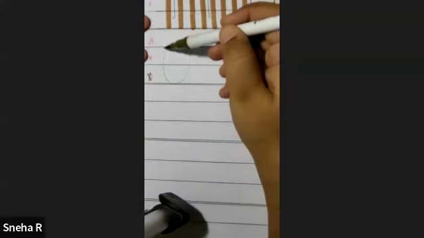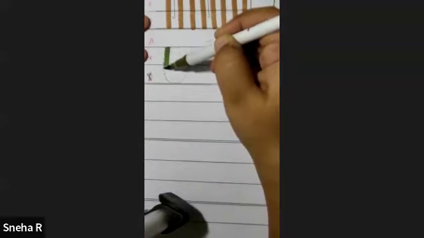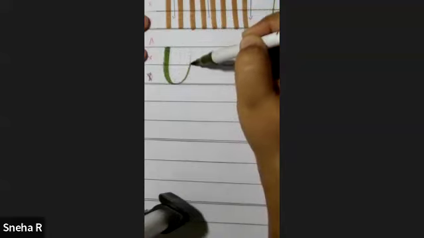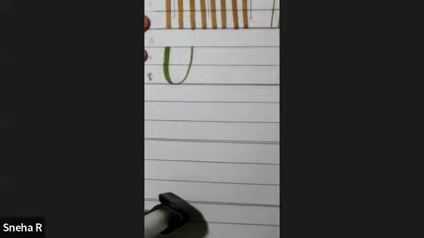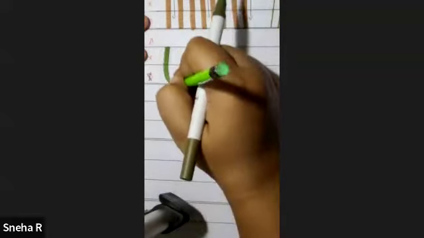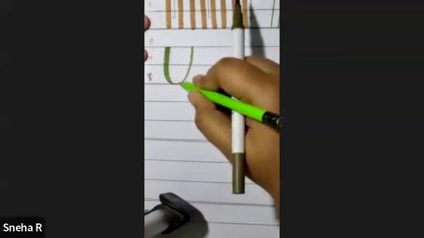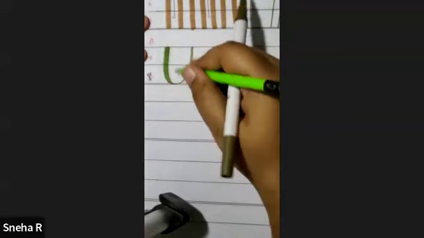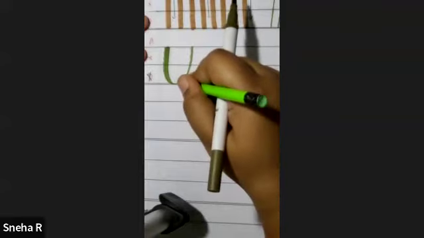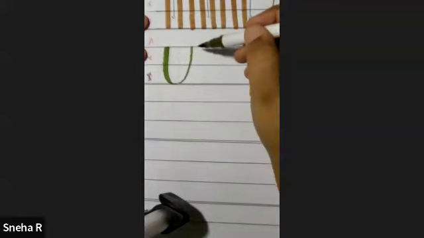Observe carefully. Full pressure, gradual decrease in pressure, with no pressure, go up and finish. If you notice it, at the center of the U, there will be no pressure. At the center of the U, I'll stop applying the pressure, and with zero pressure, I'll go up and finish the U. One more time.